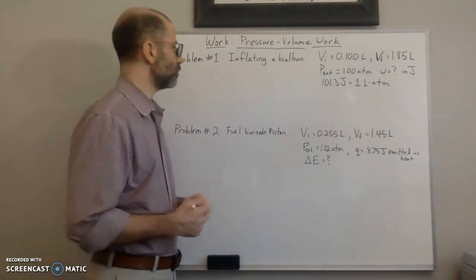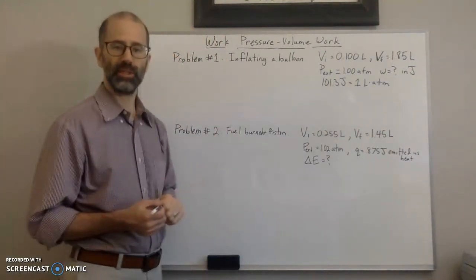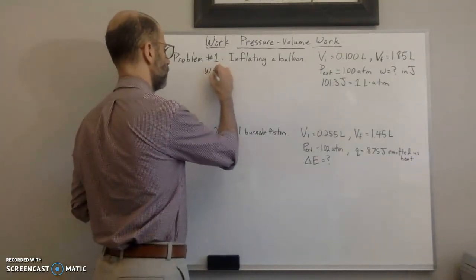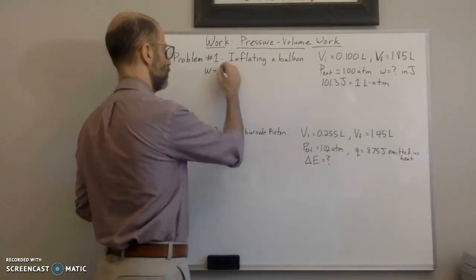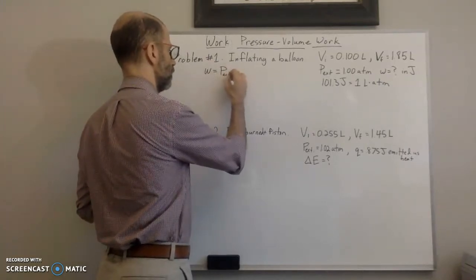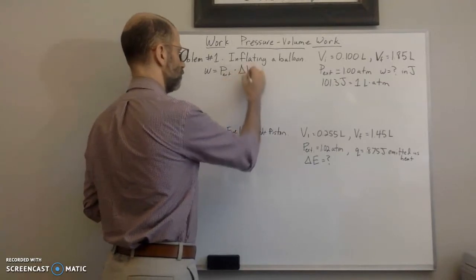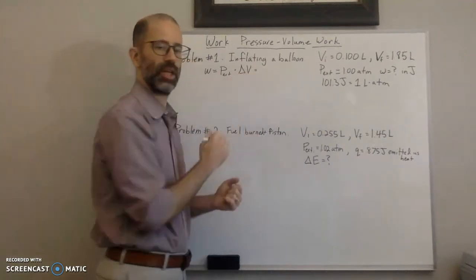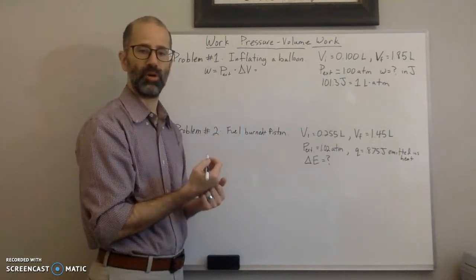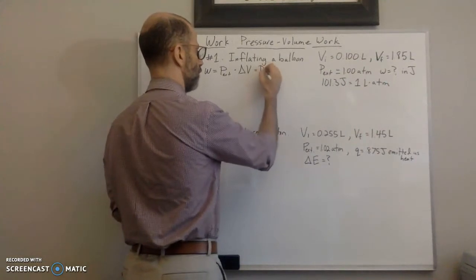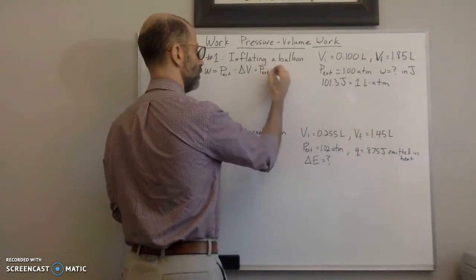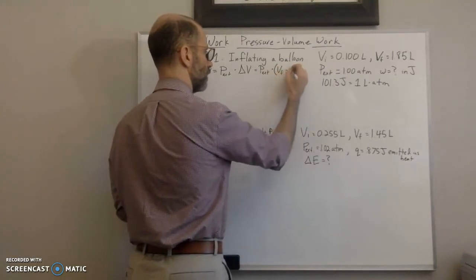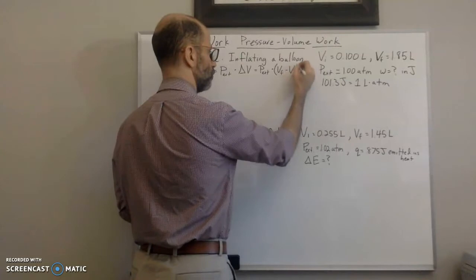Okay, so we go back to our equation, and that is work is equal to negative the external pressure multiplied by the change in volume. And remember, the change in volume is final volume minus initial volume. So it's going to be the external pressure multiplied by final volume minus initial volume.